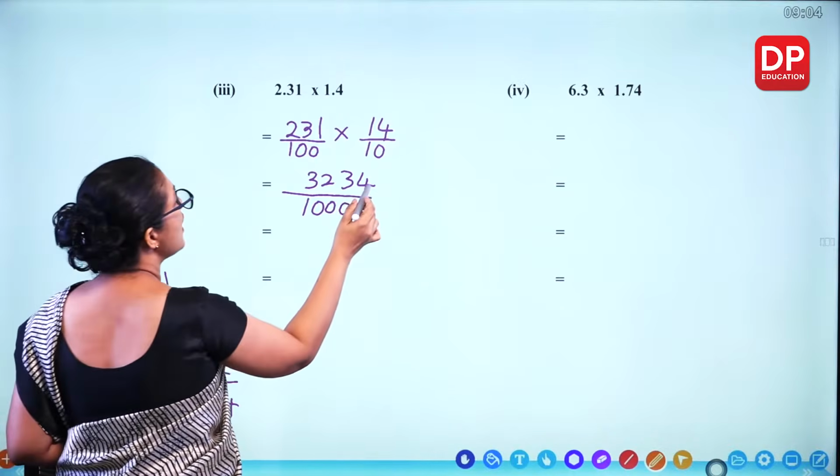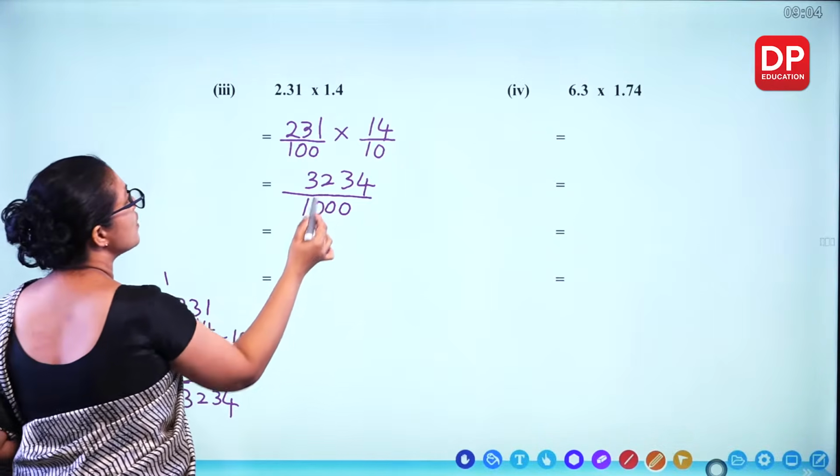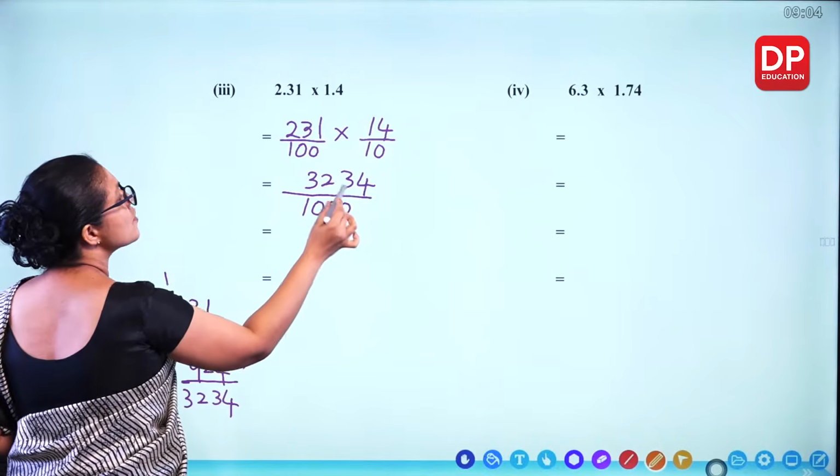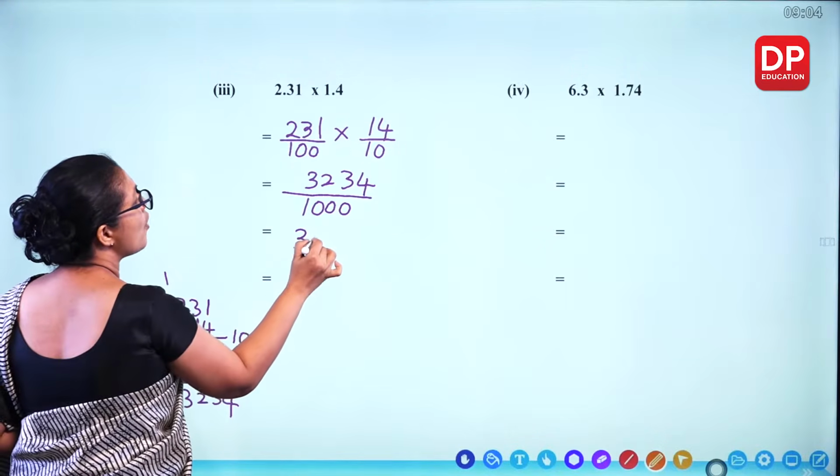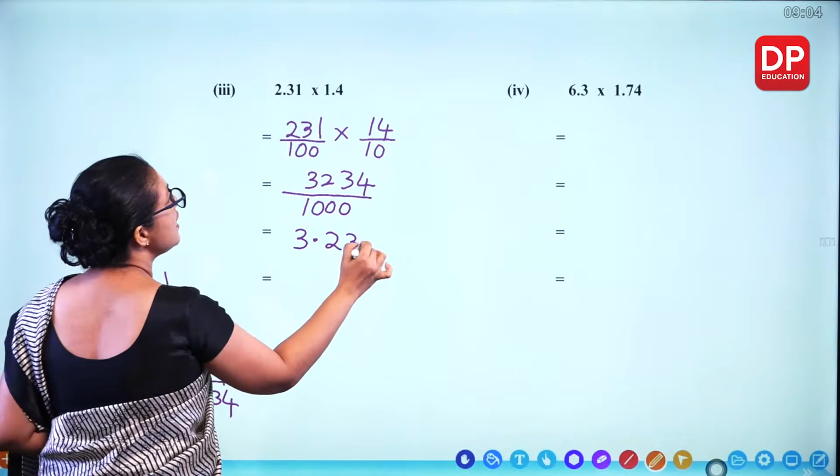So when you divide by 1000, so what you get? Move 3 places to the left, 3.234.